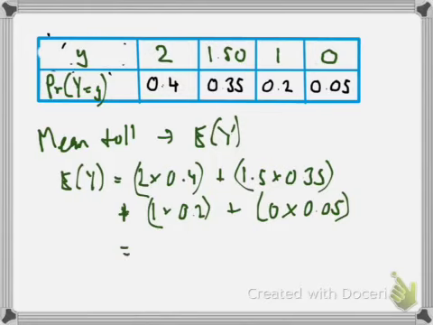So if we calculate that, we get 1.53. Therefore, the mean toll is $1.53.